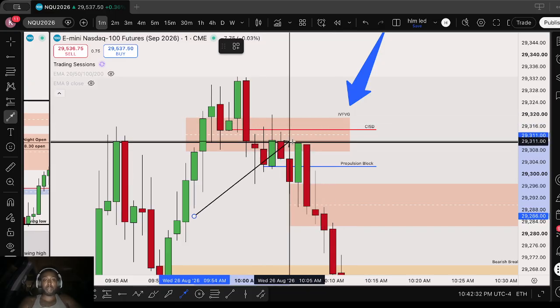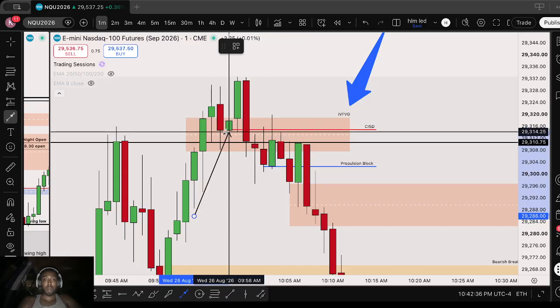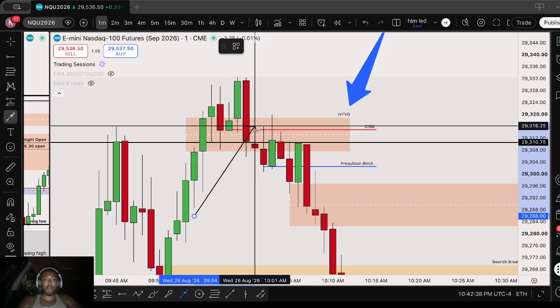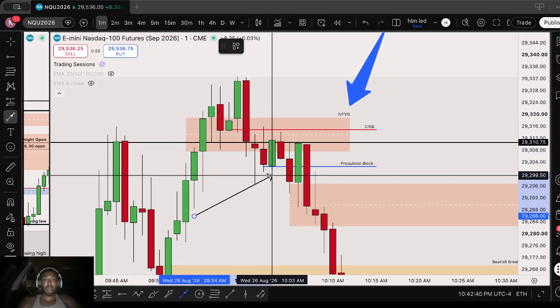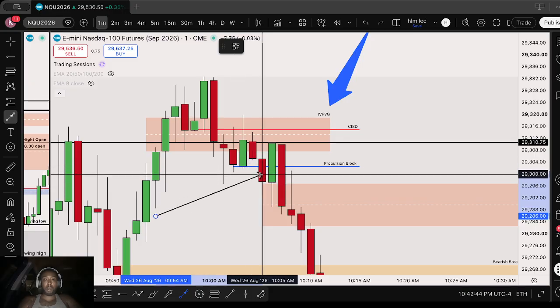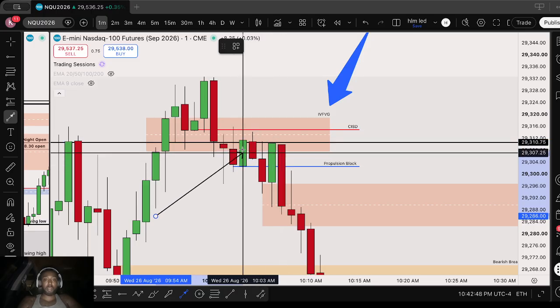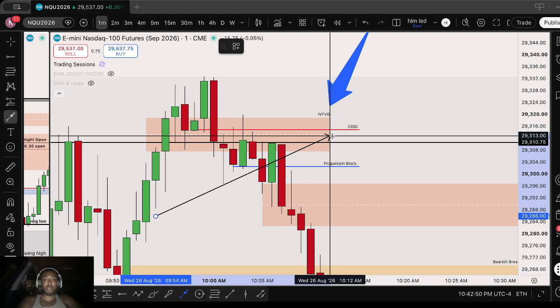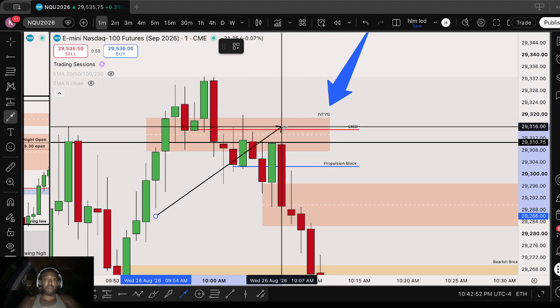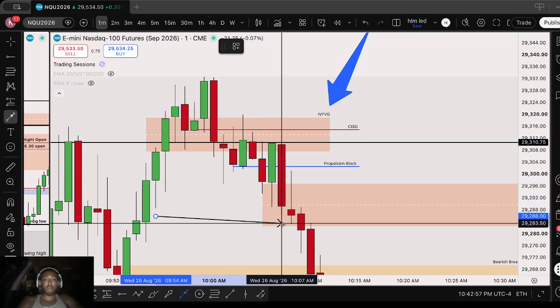Look how it's respecting the equilibrium of this inverse fair value gap, coupled with this order block. Look how we come into it, respect it, come back lower, creating another order block. Look how we come right back into the order block, dug deep into it, but still respected this inverse fair value gap, never breaching the first order block, and displaced lower.